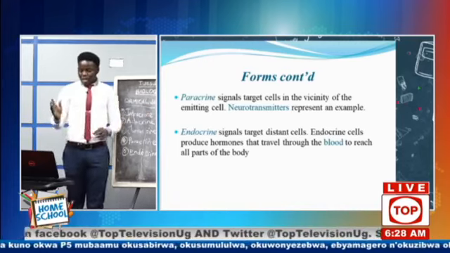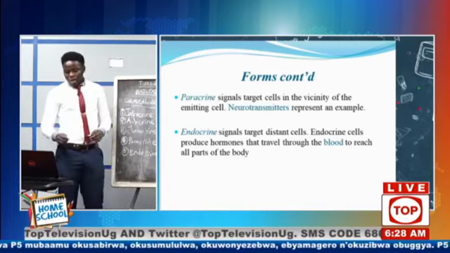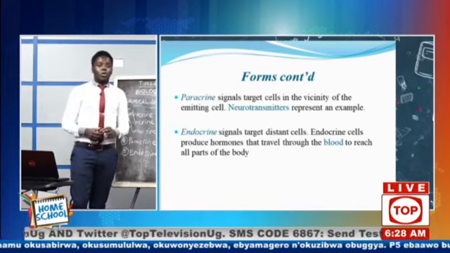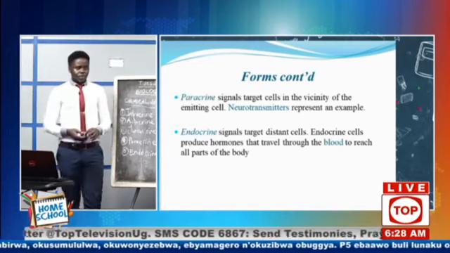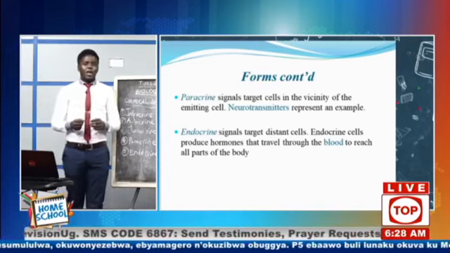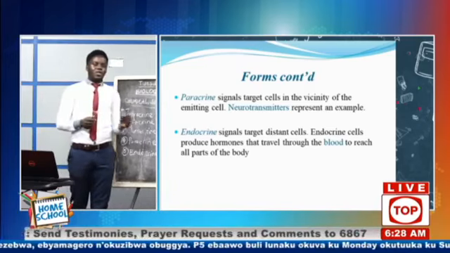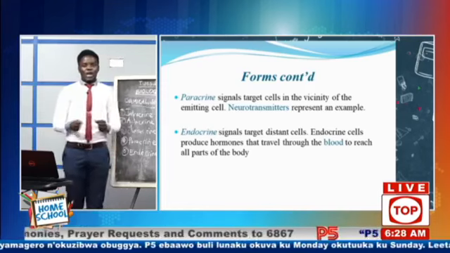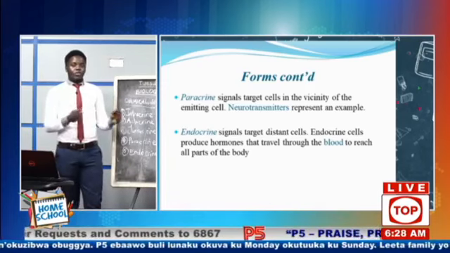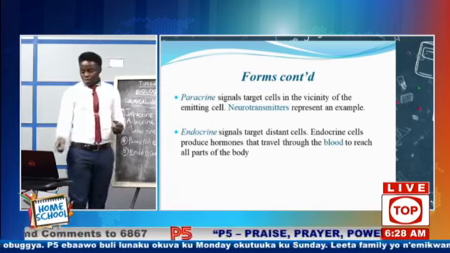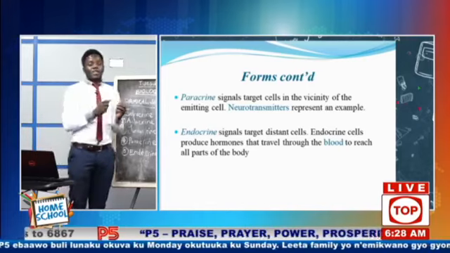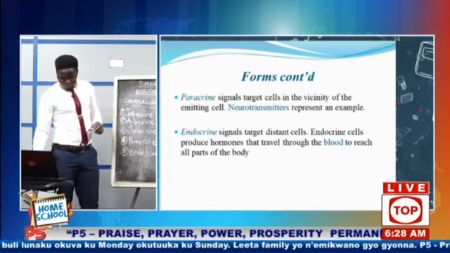Endocrine cells produce hormones that travel through blood to reach all parts of the body. It is therefore very important that a cell should be able to identify which signals are its own and which are not. This is why cells require specific target cells.